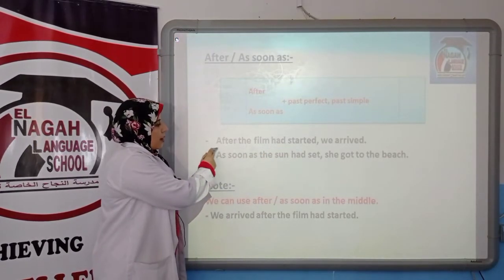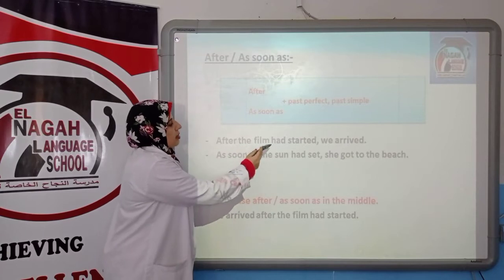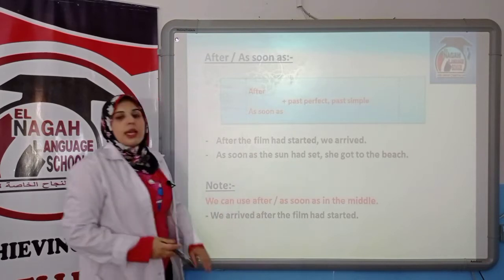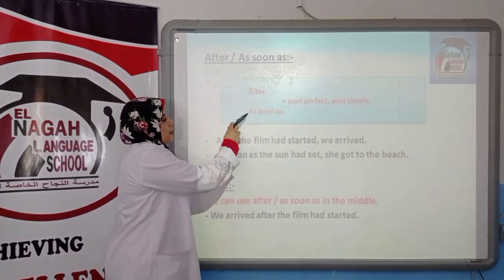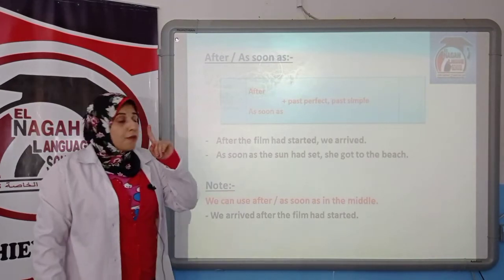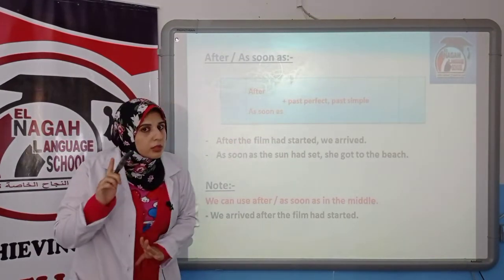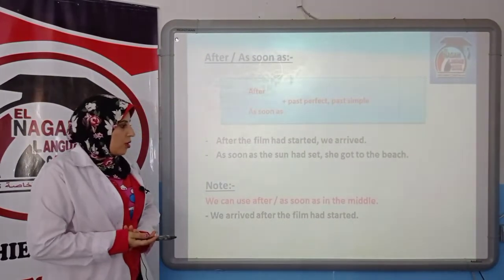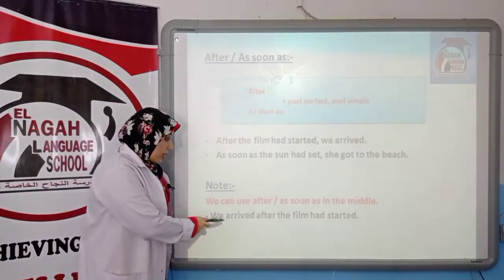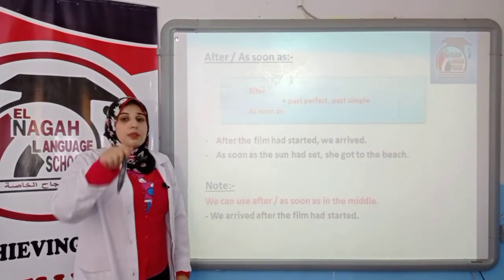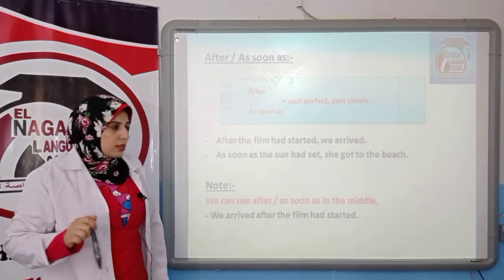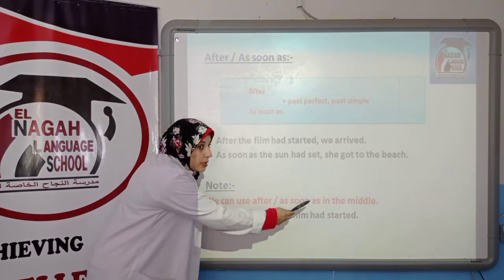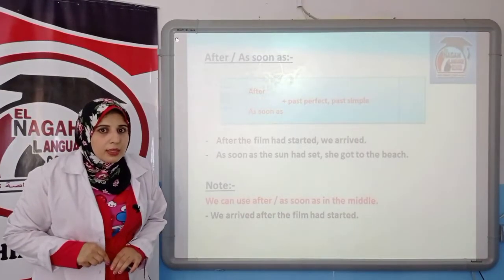It means that after and as soon as are followed by past perfect, not past simple, then past simple. We can use after or as soon as in the middle of the sentence. We arrived after the film had started.